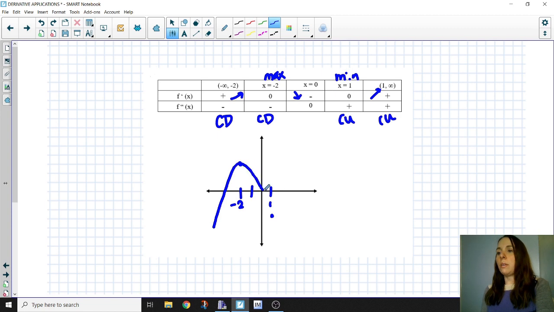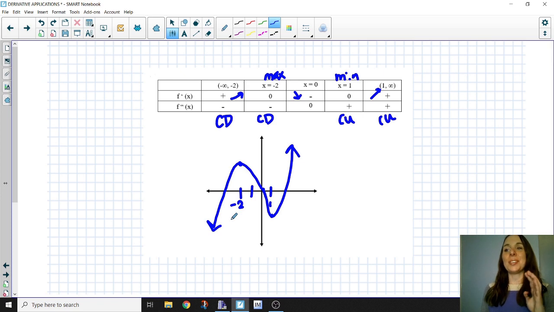Concave down to that point, and then it changes to concave up. And that's just a really simple mini example of what we call curve sketching, which you will most likely study when you look at applications of derivatives.